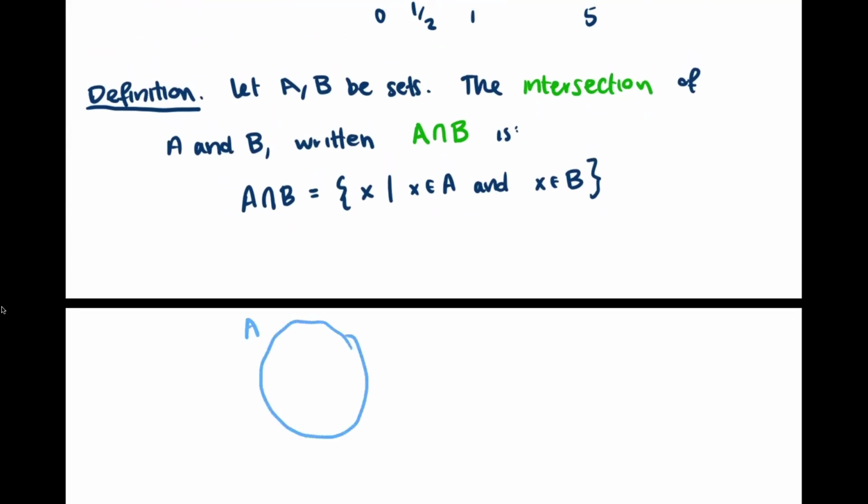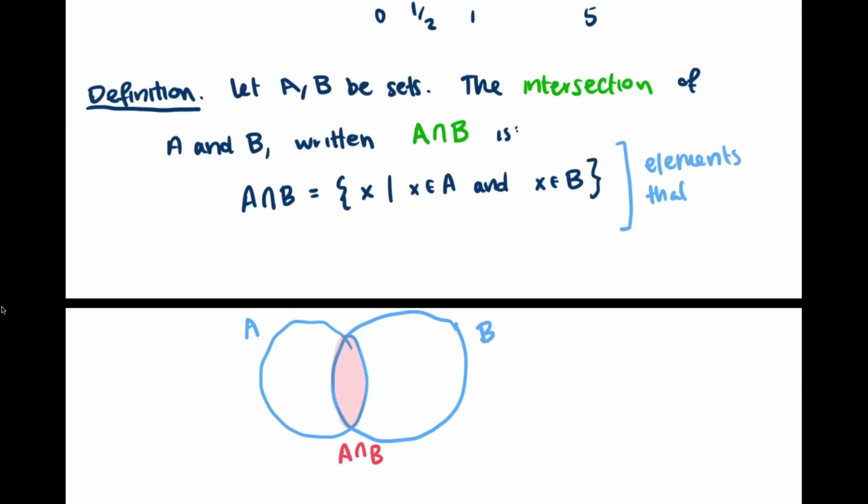If this is A and this is B, then this little section in the overlap would be the intersection. So intuitively, this is elements that are in both sets. So elements that are in A and are in B.